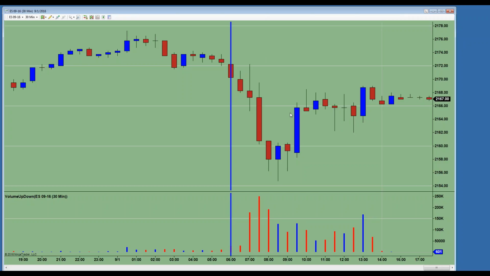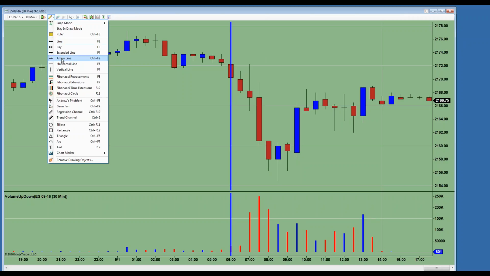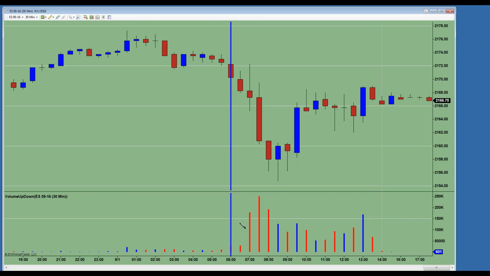Sell programs. I want to quickly highlight something here, because most of you probably know ES is the most liquid market in all of futures that are traded. Here is your volume bar at 6:30 to 7. I would venture to say it's maybe a couple thousand contracts. Here are your volume bars at 7 and 7:30.